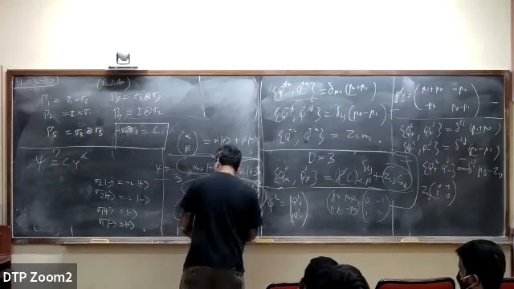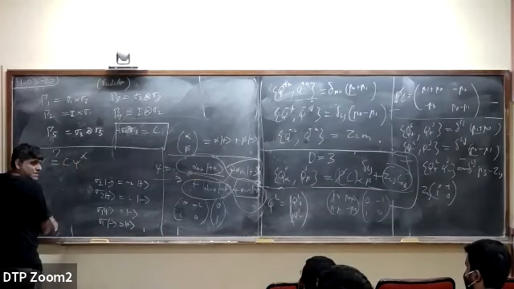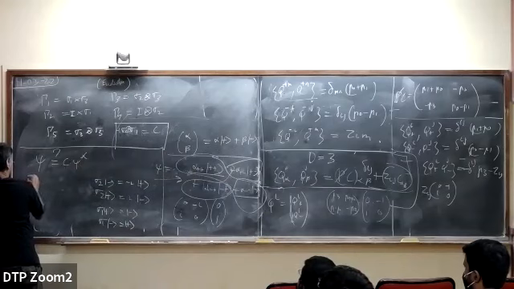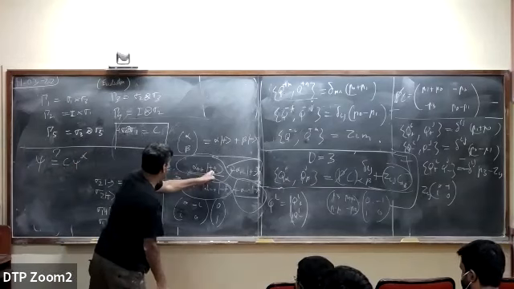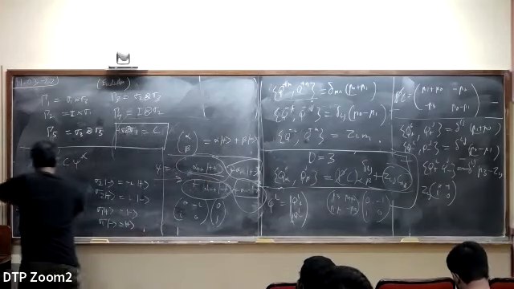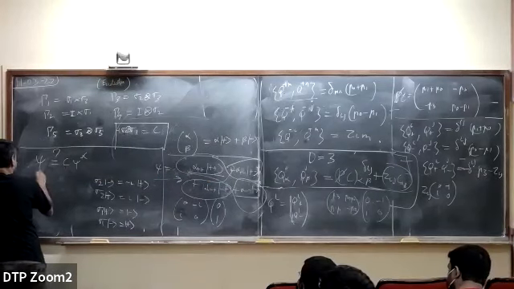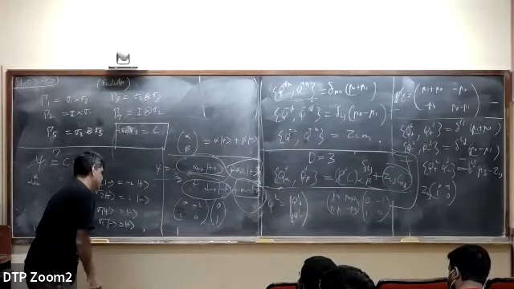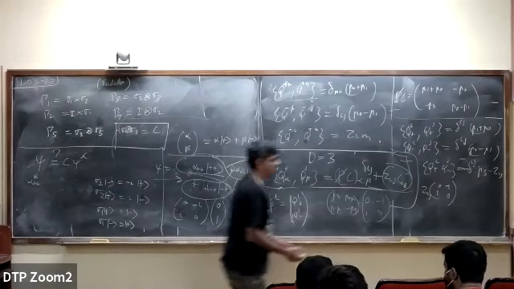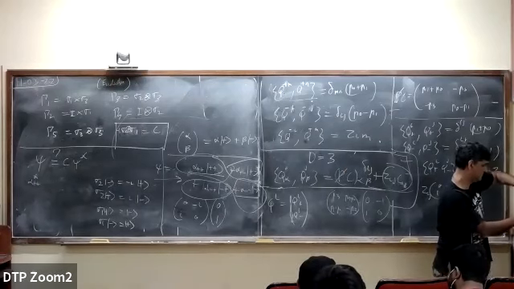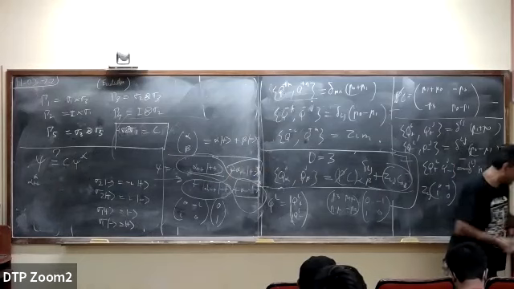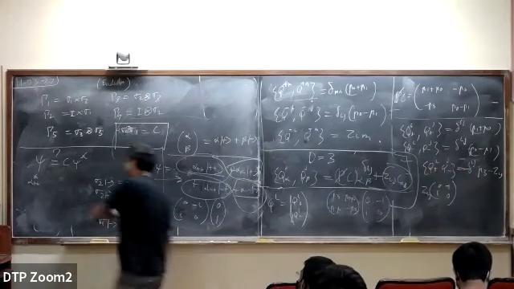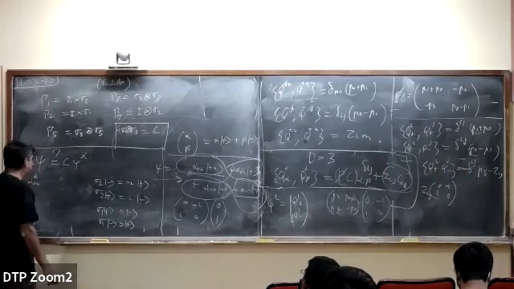So acting with C on this, what do we get? C was this guy. Okay. So let's act on this fellow. That gives us alpha plus plus star.